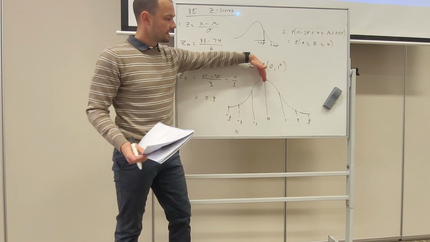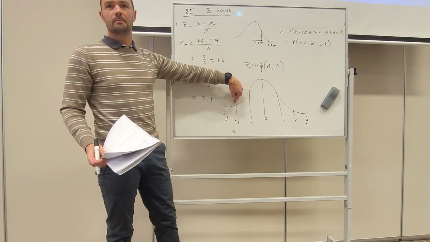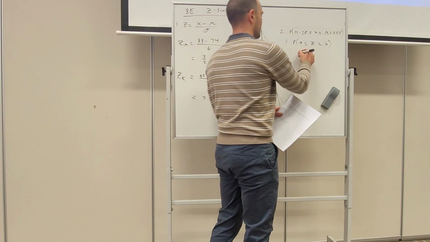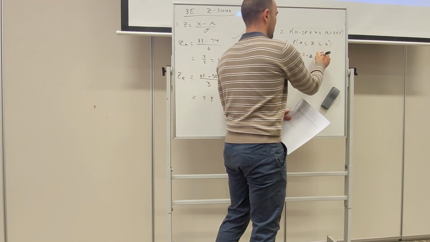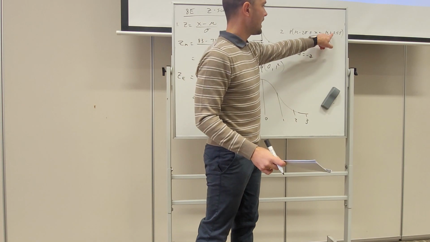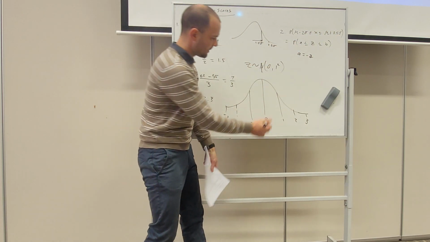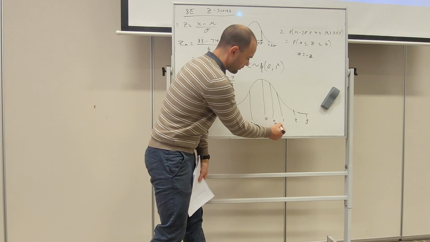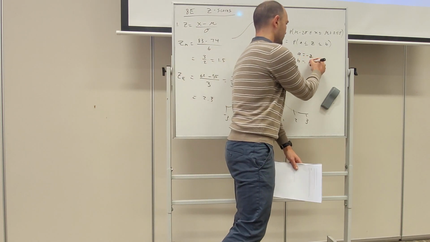So if this is the z distribution and we're 2 standard deviations below it, a is -2. And b has to be half a standard deviation above the mean. So half a standard deviation above the mean would take you to here. 0.5 standard deviations above the mean. So the value of b is 0.5.